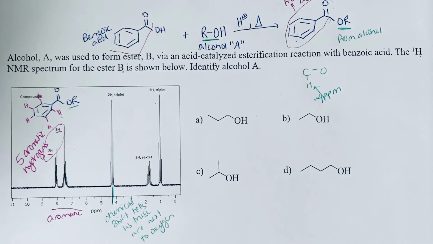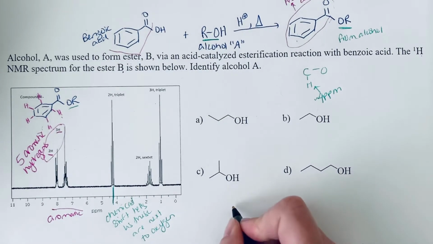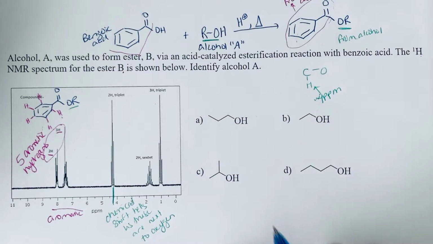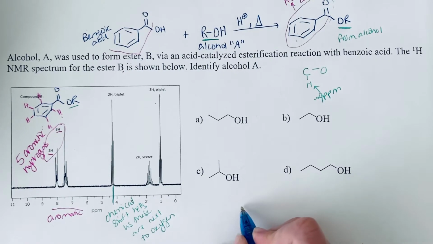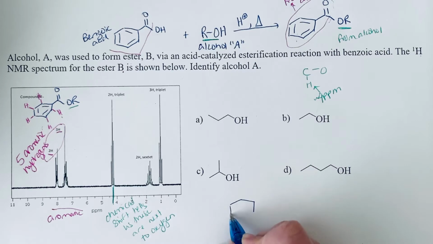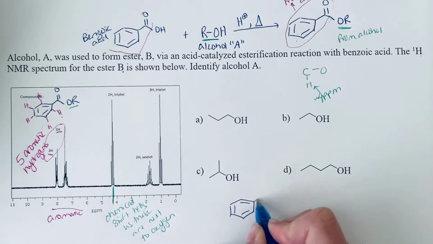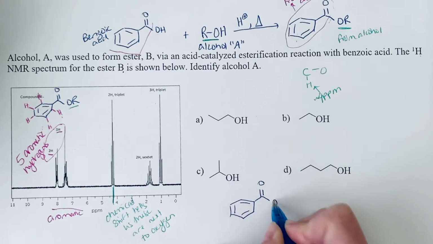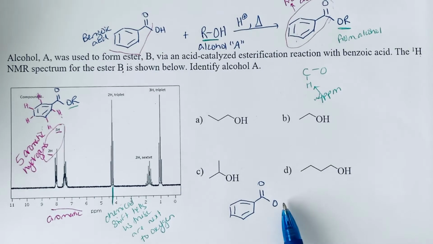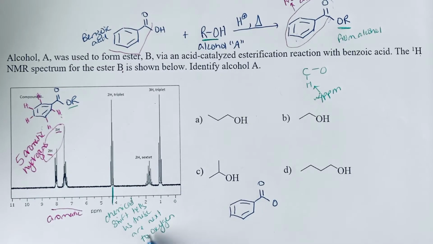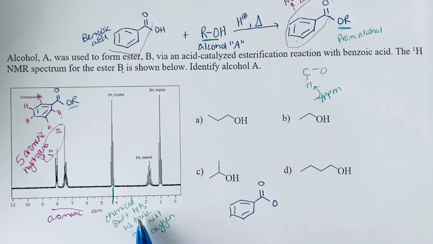So we can start building our molecule. Let me go ahead and start drawing the ester again. We have the benzene ring, we have the carbonyl, we have the oxygen. And what we're doing is starting to build off of this oxygen. It tells us that these are the ones that are next to oxygen.